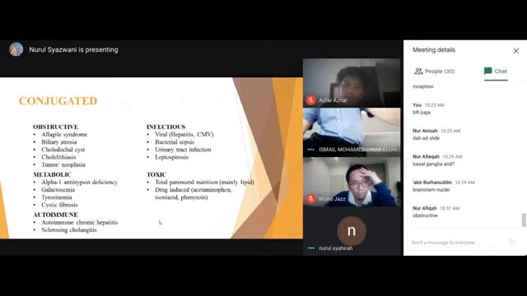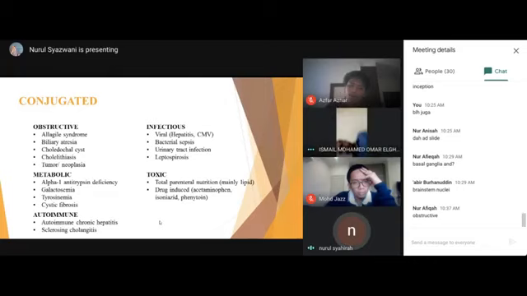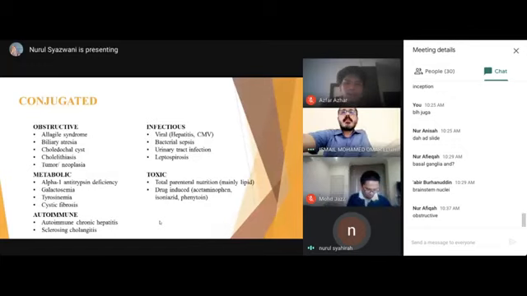So this one is still for the conjugated pathological jaundice causes. They can be divided into obstructive, metabolic, autoimmune, infectious, and toxic. For the obstructive, we have Alagille syndrome, biliary atresia, cholelithiasis, as well as tumor or neoplasm. For the metabolic, we have alpha-1 antitrypsin deficiency, galactosemia, tyrosinemia, and cystic fibrosis.